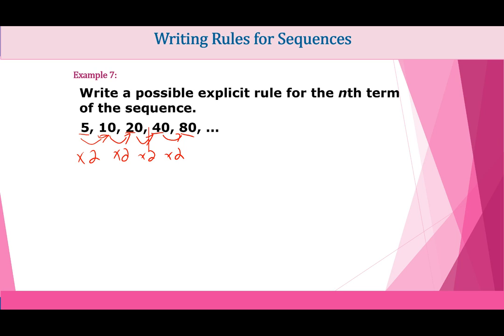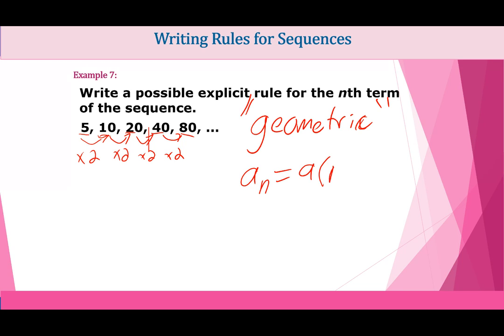So since it's a multiplication pattern, this is a geometric sequence, which tells us, remember, our formula for that was A_n equals A times R to the n minus 1 power.